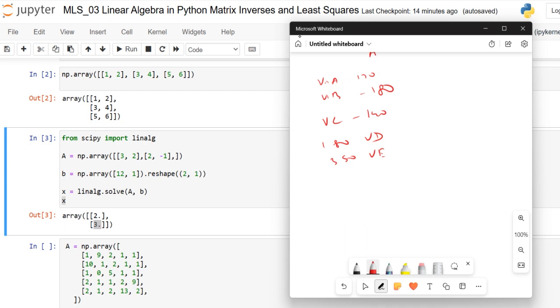Okay, so let me present it in a table. Here we have the food, and the columns are vitamin A, vitamin B, vitamin C, vitamin D, and vitamin E. Let's say these are foods 1, 2, 3, 4 and 5.